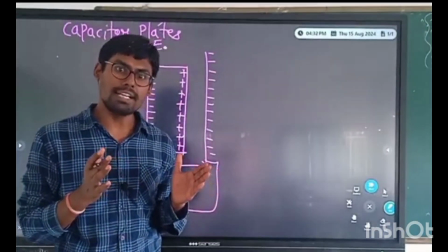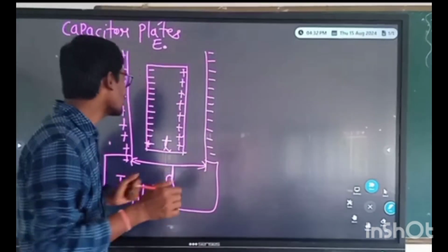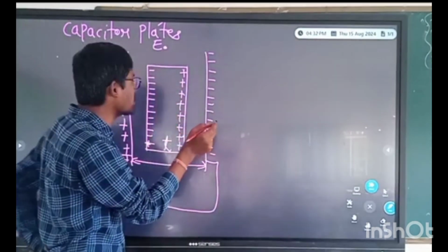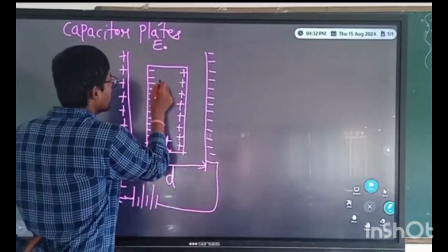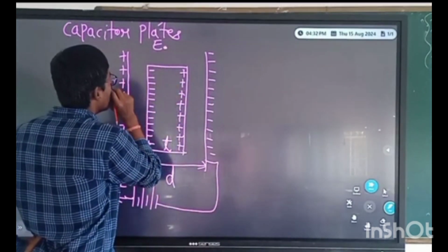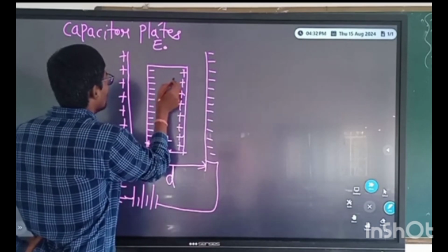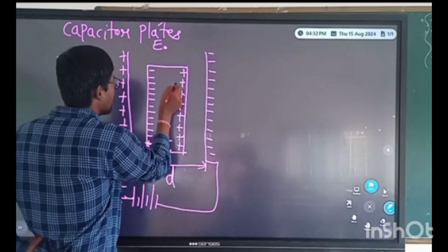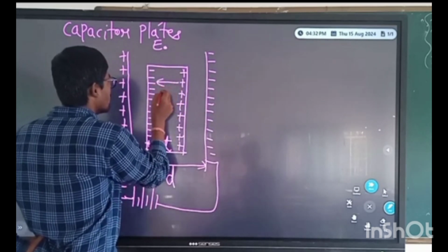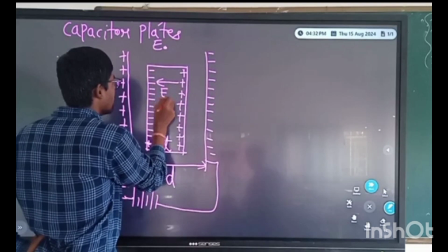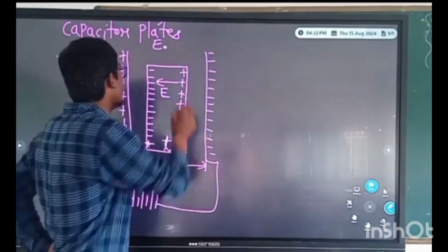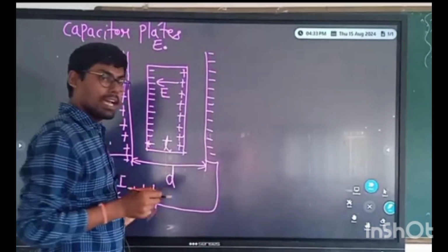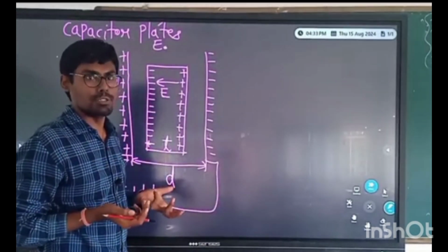The direction of the electric field inside the dielectric slab is from positive to negative, opposite to the external electric field E naught, so the net electric field will reduce.